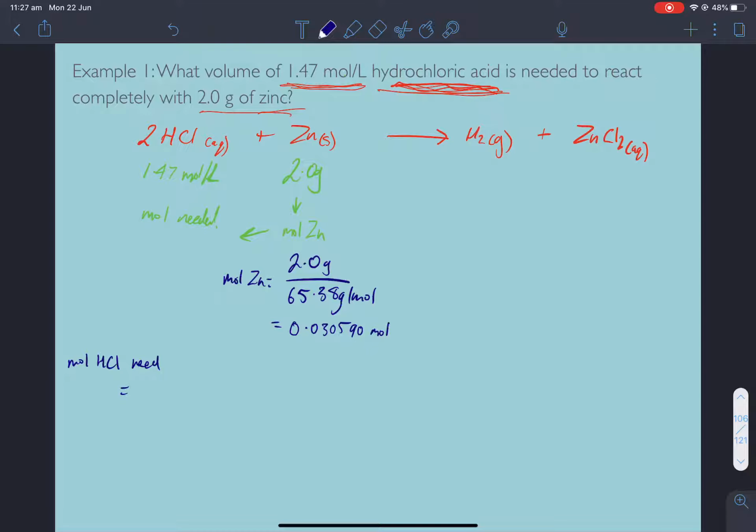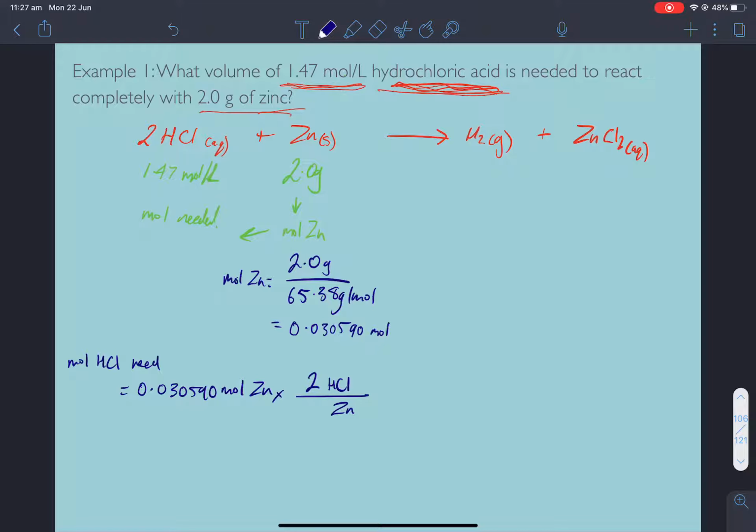It's going to equal our moles of zinc, 0.0305 90 mole of zinc, times by our stoichiometric ratio between zinc down the bottom to get rid of that unit and HCl up the top to introduce it. What's in front of the HCl? 2.